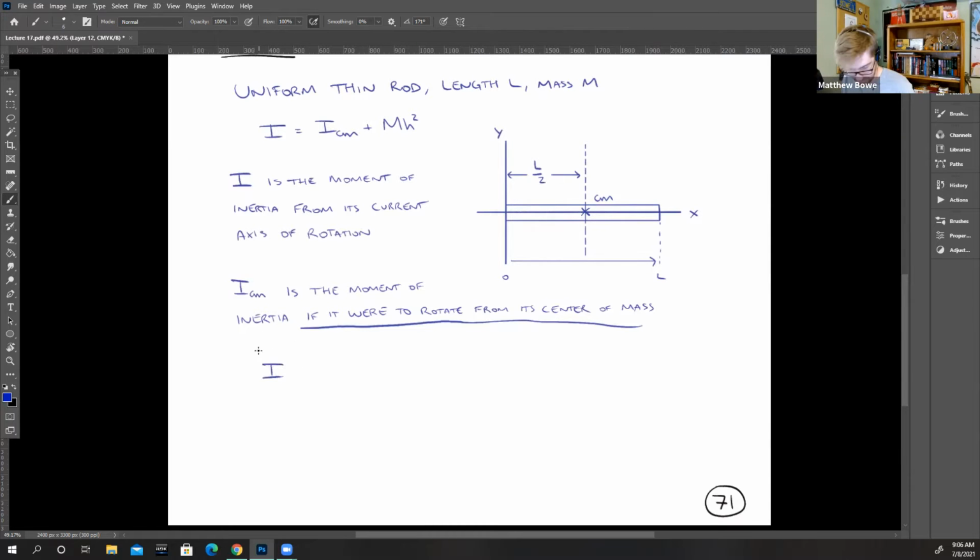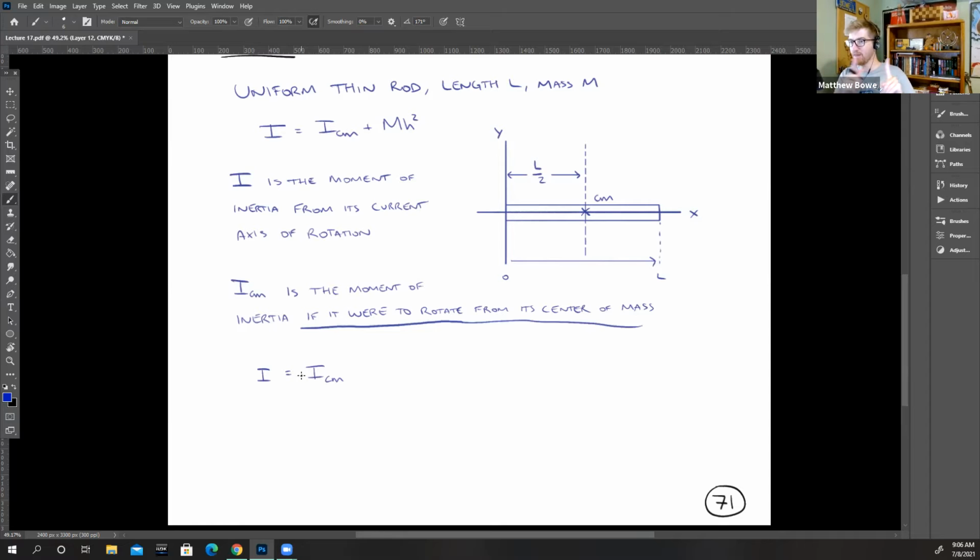Parallel axis theorem comes to the rescue. We know one moment of inertia, and we don't quite know what the moment of inertia is if we were to rotate it from the center.